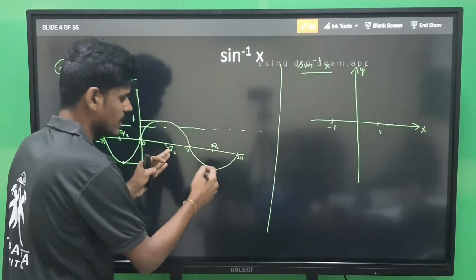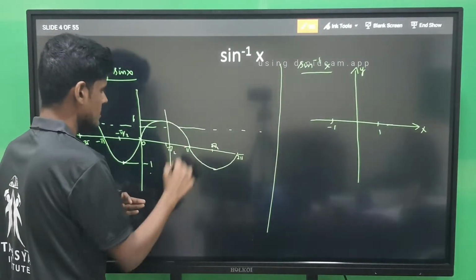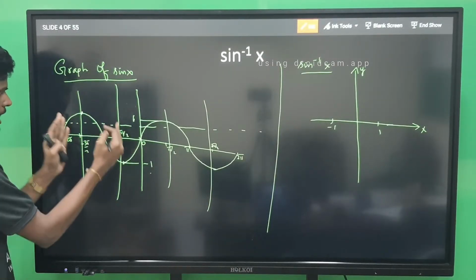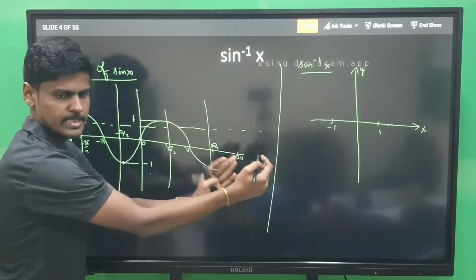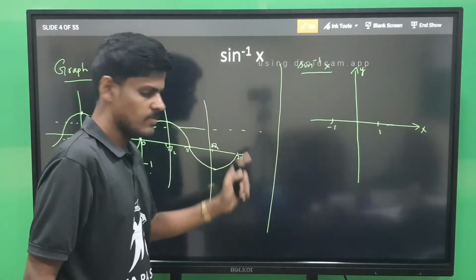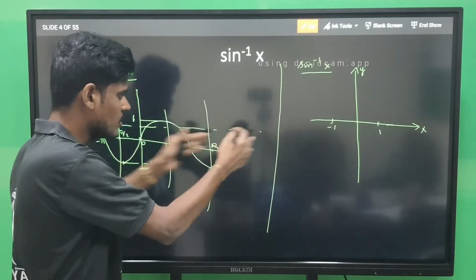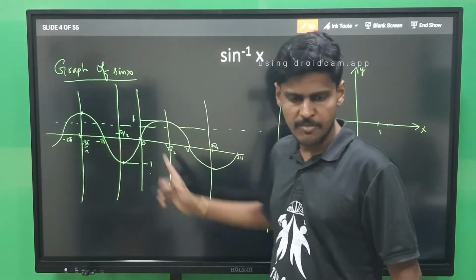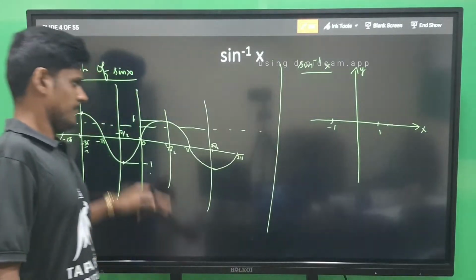Again pi by 2 to 3 pi by 2 also has range and codomain the same. All these intervals will have the same values. We can take any branch in the domain, and the range is minus 1 to 1. It covers all the values of the codomain.